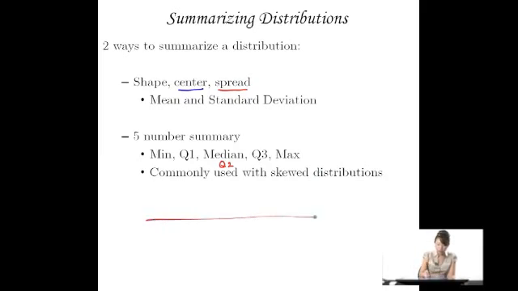So let's say we have a whole bunch of different data points. And here's our maximum value. I'll just put in a few more. All right, so here's our distribution so far. Now, the 5-number summary would basically say the minimum value is important, the maximum value is important, and whatever the value in the middle is, so 1, 2, 3, 4, 5, 6, 7, 8, 9, 10, 11, 12, 13, so about 6 or 7. So let's say something like that.